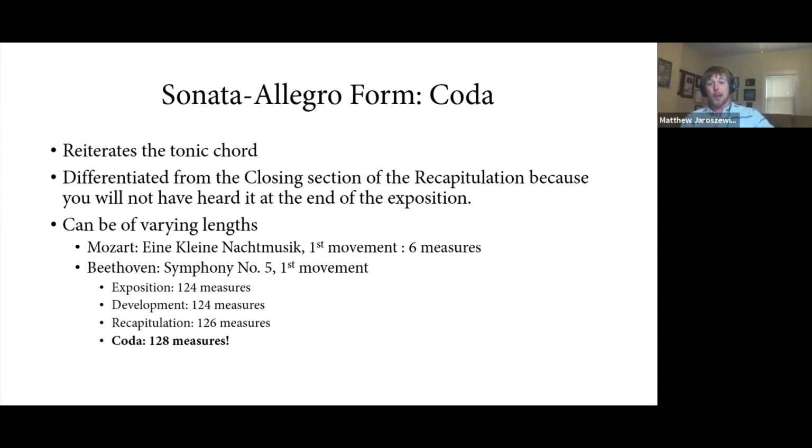The difference between the closing section of the recapitulation and the coda is that the closing of the recapitulation is music that you will have heard before, because the exposition has a closing, and the closing of the recapitulation is going to be either exactly like or almost exactly like the closing of the exposition.